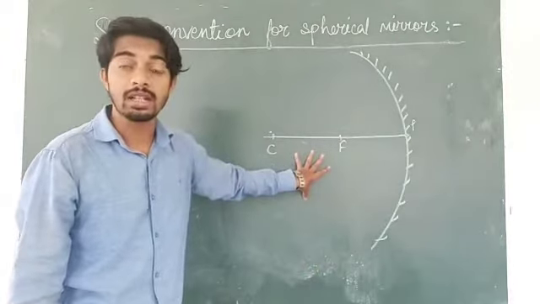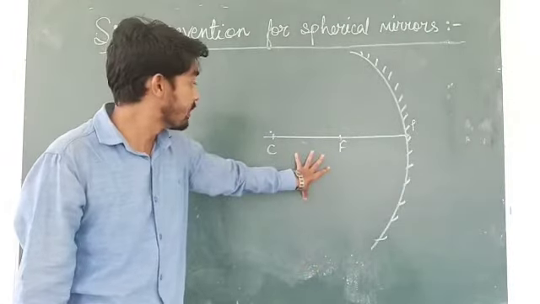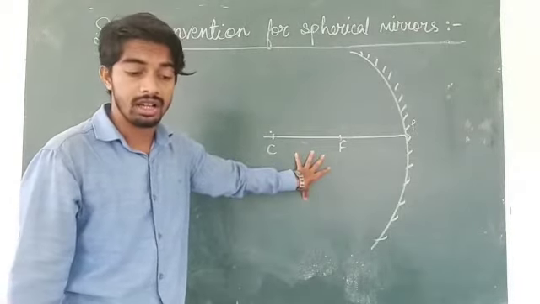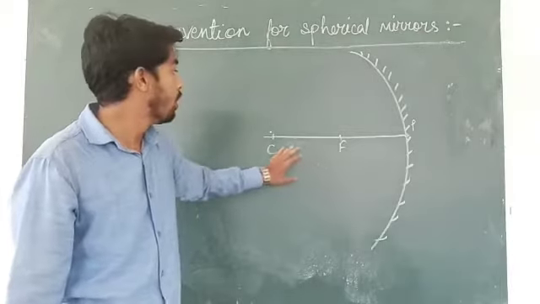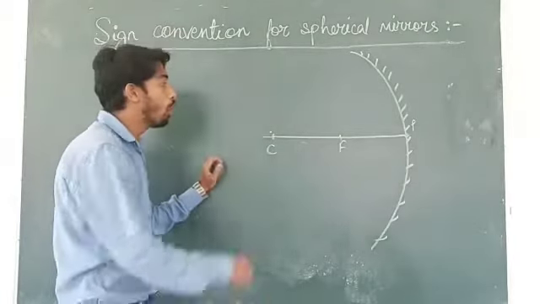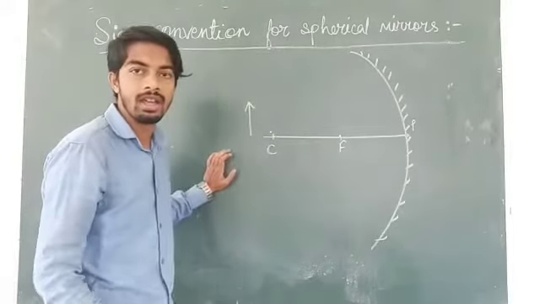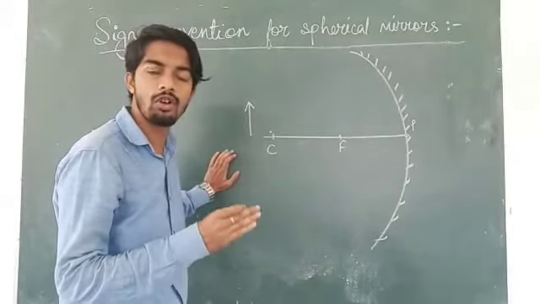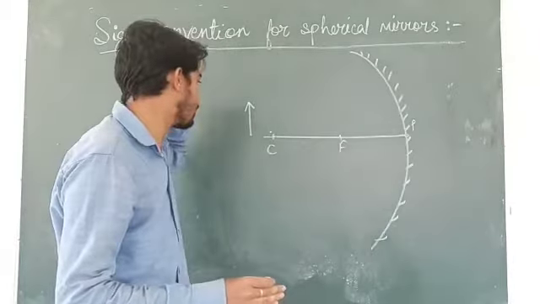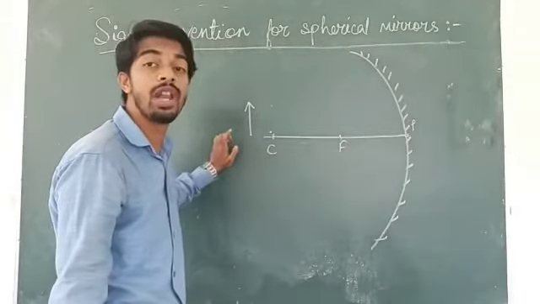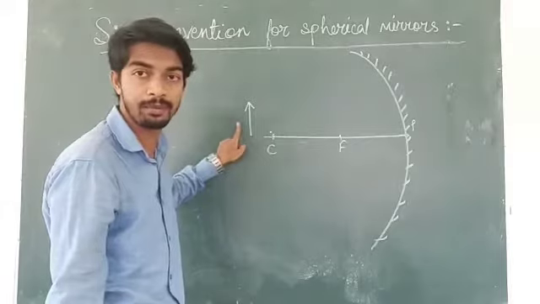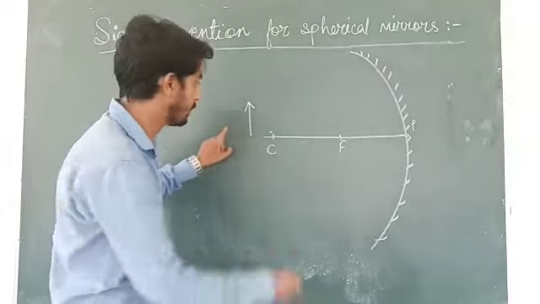So according to the sign conventions, the rule is that the object will always be placed to the left of the mirror. Irrespective of the mirror, it can be a concave mirror or a convex mirror, it does not depend, but the object will always have to be placed to the left.